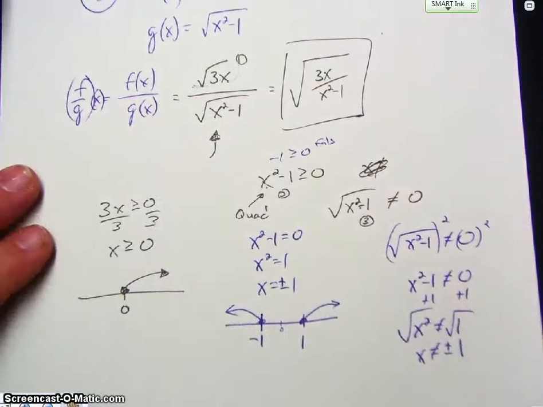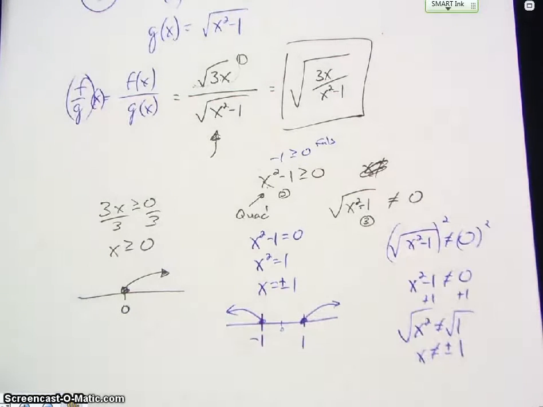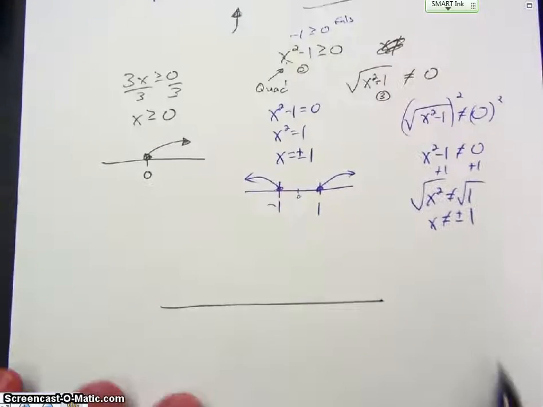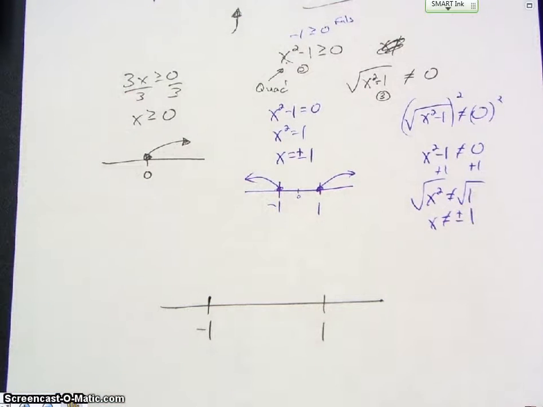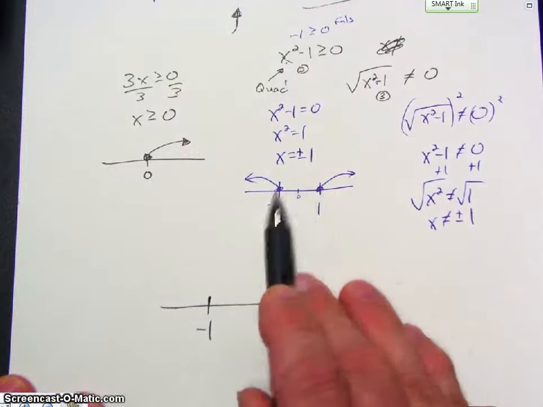All right, so in other words, these 2 points right here. So let's combine these. Okay. So here's my number line. Here's negative 1 and here's 1. Well, for this one, I can include the points.